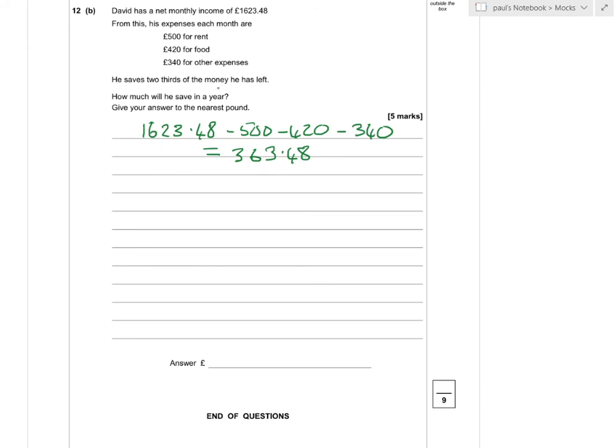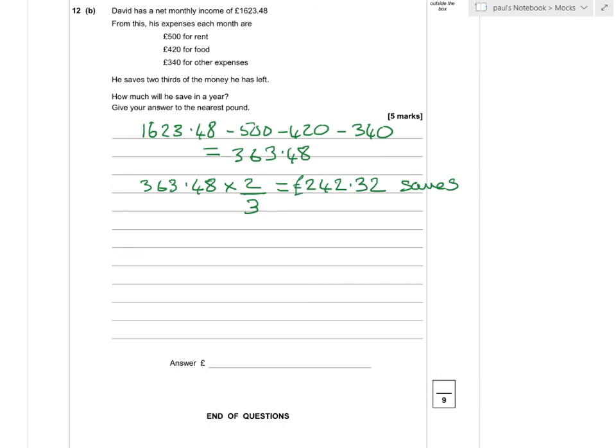So he saves 2/3 of the money he has left. So 363.48 times 2/3 will tell us how much he saves. Times 2 divided by 3 equals 242.32. He saves 242.32 a month.